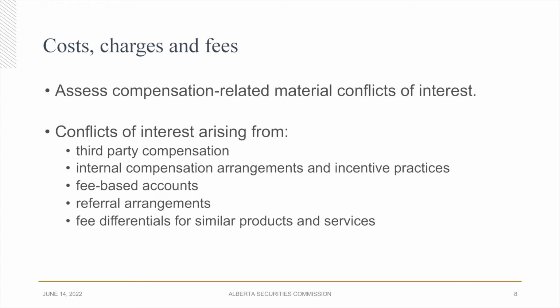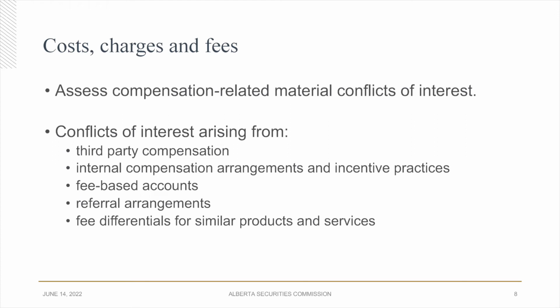For example, we have seen firms charge different spreads, resulting in some clients receiving a higher interest rate for their investment when compared to other clients who purchase the same or similar security. We expect the firm to demonstrate how it has addressed any such material conflict of interest and acted in the best interest of its clients when giving a higher rate of return or a lower fee to some clients.